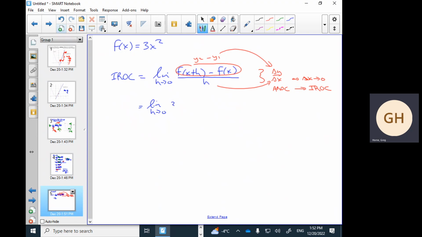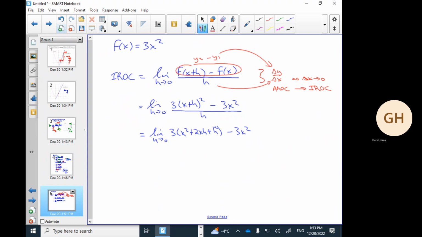So we have a 3 times an x plus h squared and minus a 3 times an x squared. Just the function, right? That's plugged in. Always will be. So when this h goes to 0, this is just going to be 3 times the x squared plus the 2xh plus the h squared, and take away the 3x squared.